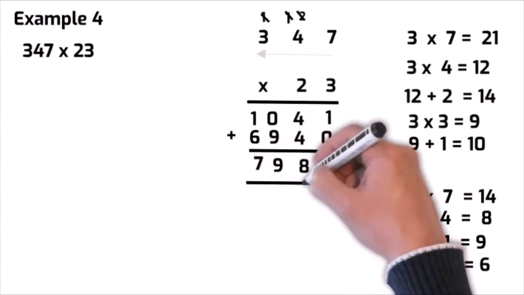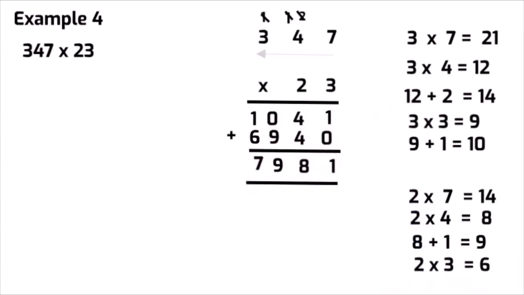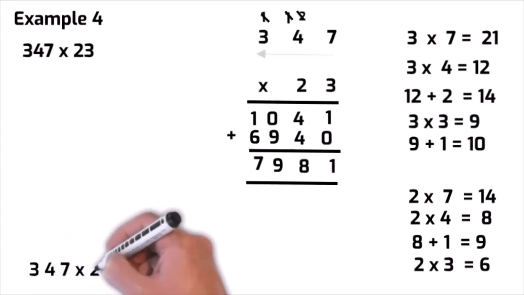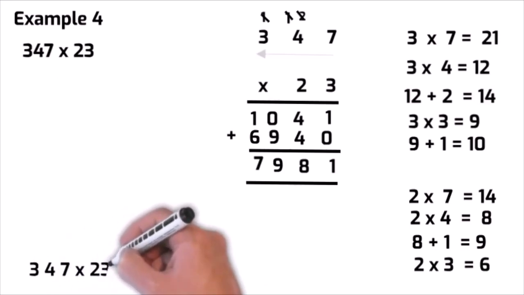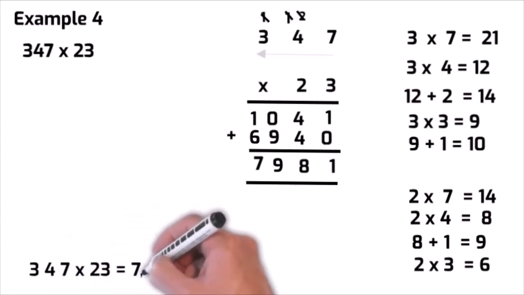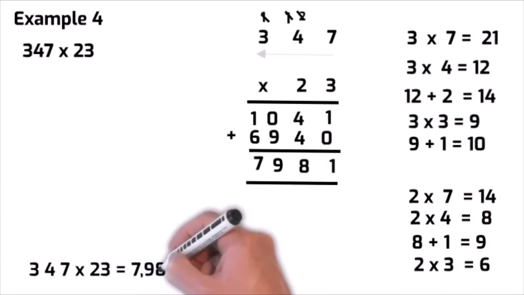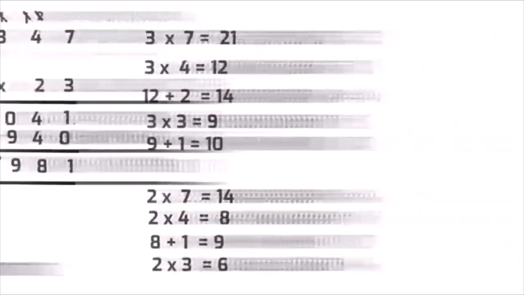We have 7,981. This means 347 times 23 is equal to 7,981. This is the thing.